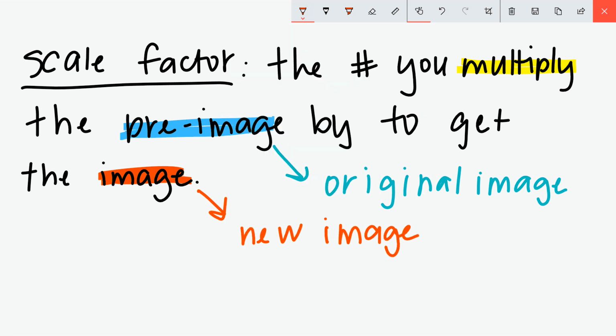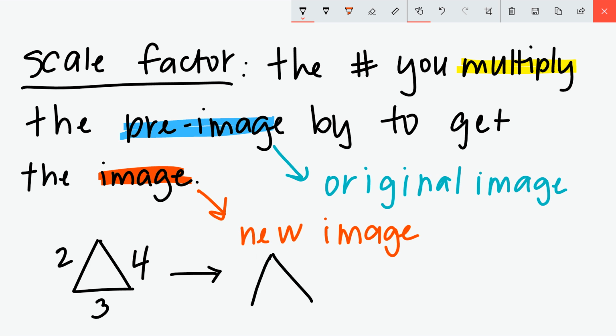What I'm saying is that if I started with a triangle, let's say 2, 3, and 4, and I made a new image that is scaled by a factor of 2, so SF is 2, that means the corresponding side for 2 is going to be 4, the corresponding side for 3 should be 6, and the corresponding side for 4 should be 8.